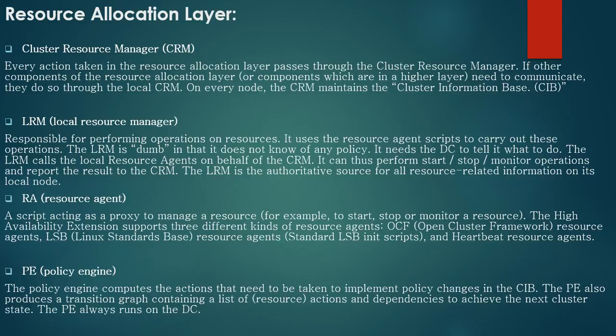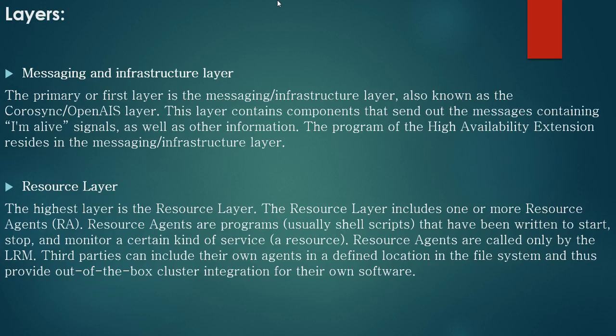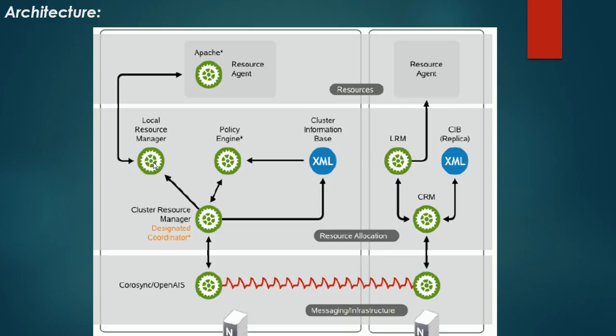The LRM tells the resource agent to do this or do that. Here in the slide it says it tells the resource agent to stop this service or start this service. So the only communication is with the local resource manager.